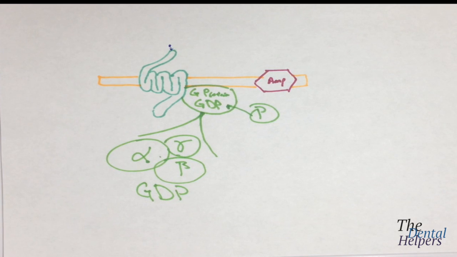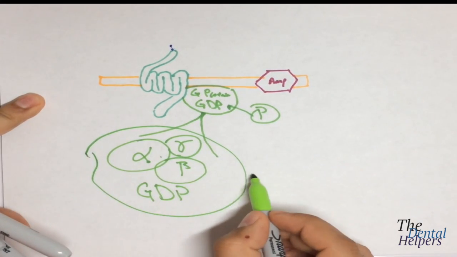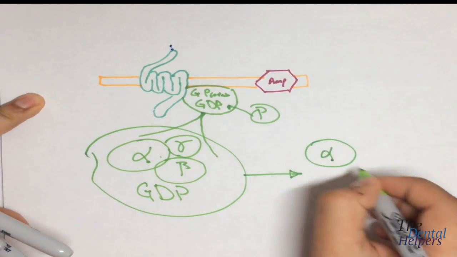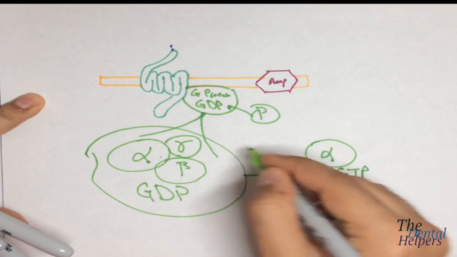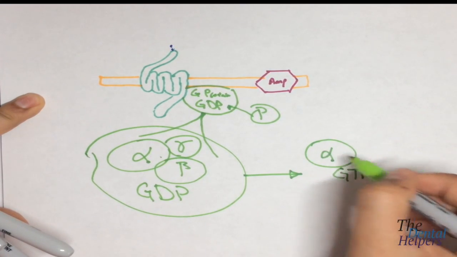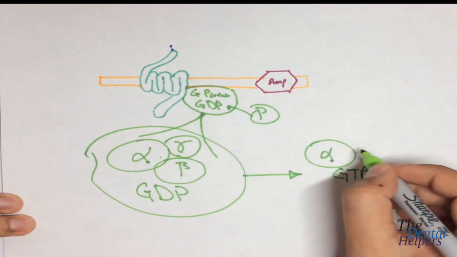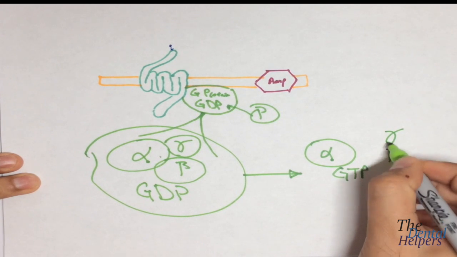And I'm going to write this a little differently. This actually becomes alpha, and it's now GTP bound. Once GTP binds to the alpha subunit, the gamma and beta subunits are going to end up dissociating.